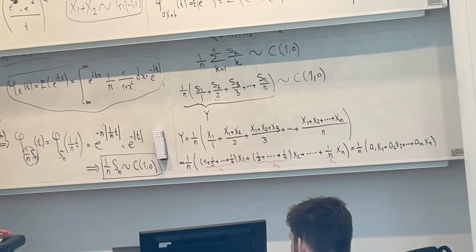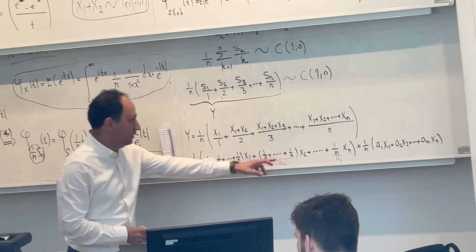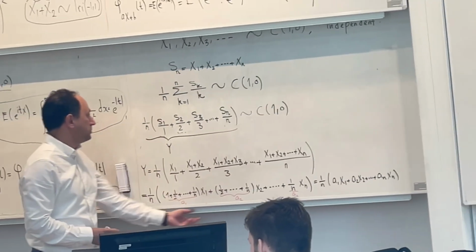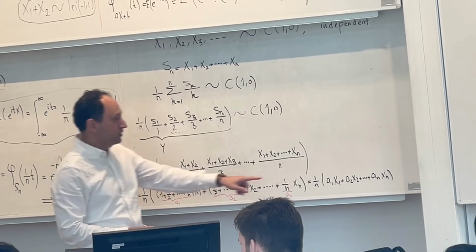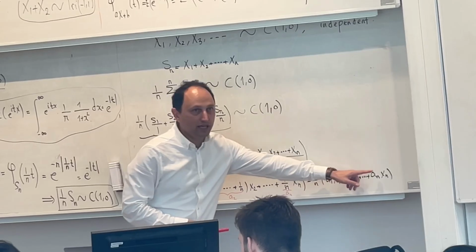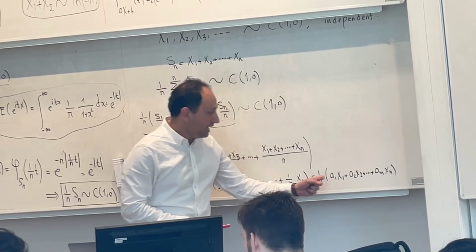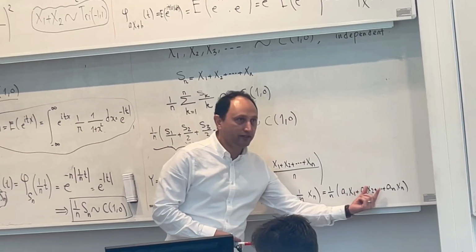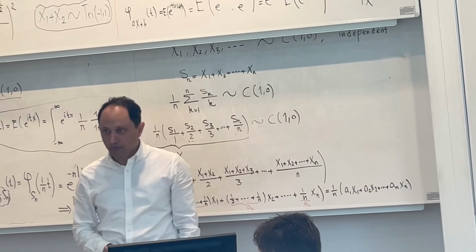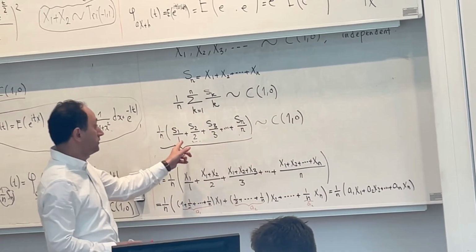Do you agree? So now it will be a little bit simpler, and now I can use that theorem that I couldn't use before, because now x1, x2, up to xn are independent and A1, A2, An are constants, so these random variables are still independent. That's different from the previous story.